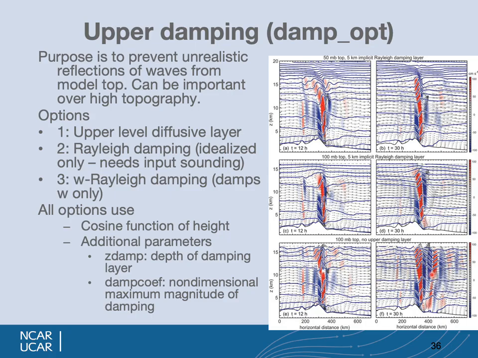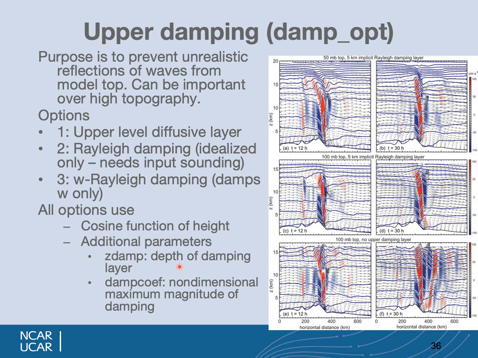So when you have these kind of reflections from the top, that would harm your simulation. They're slowly developing, but generally not good to have. So what you would like to do is turn on your upper damping, in general anyway. It's not an expensive thing to run. We have some controls for this parameter. One is the depth of the damping layer.